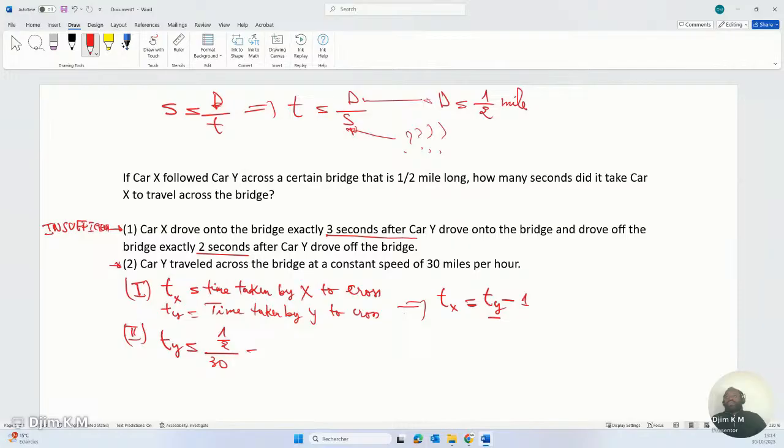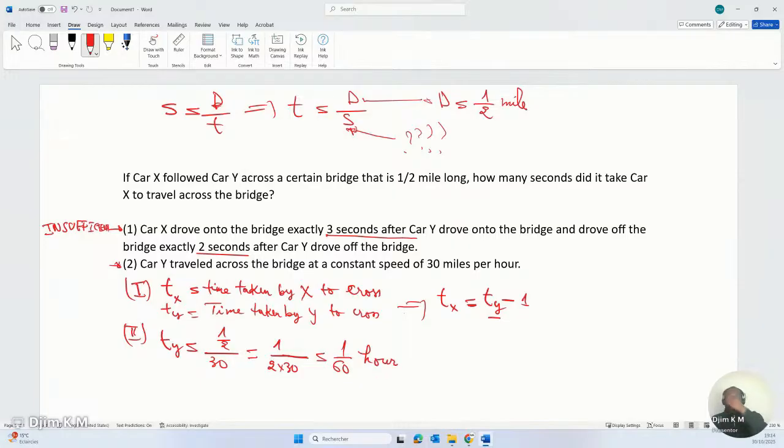Now we can determine exactly, this times 30. So 1/60 hour.